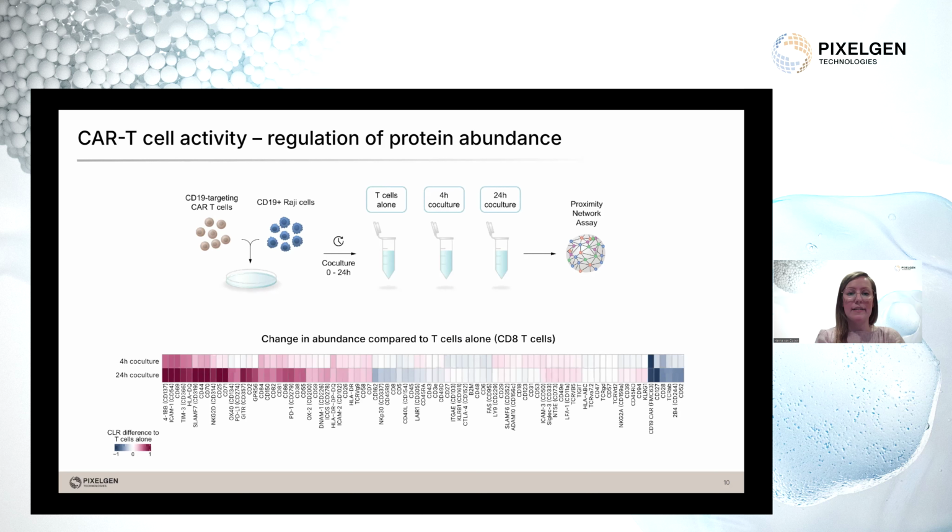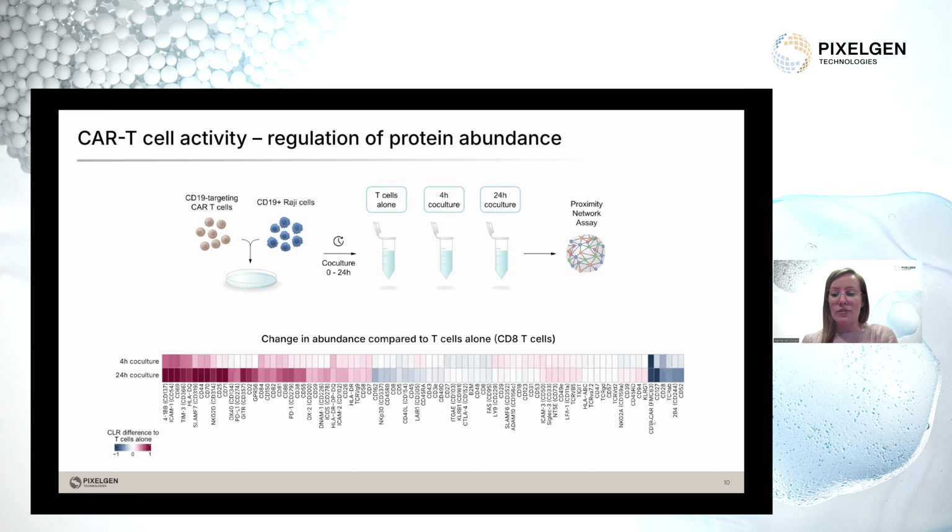So here you can see some protein abundance data and how protein abundance levels changed as compared to the T cells alone. So there was a lot of markers that were upregulated already at 4 hours, but maybe particularly at 24 hours. For example, co-stimulatory, some checkpoint molecules like TIM3 and PD1, etc.